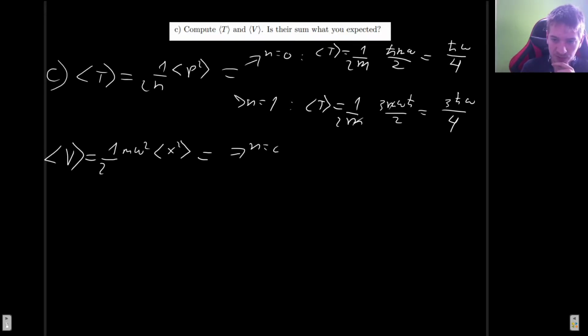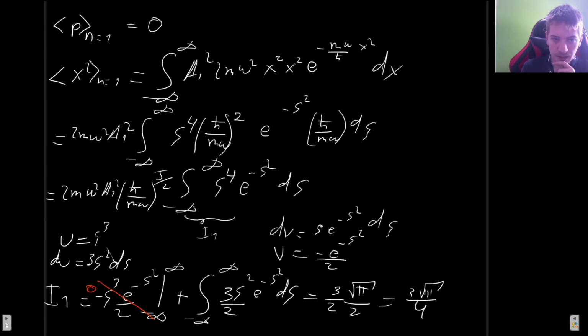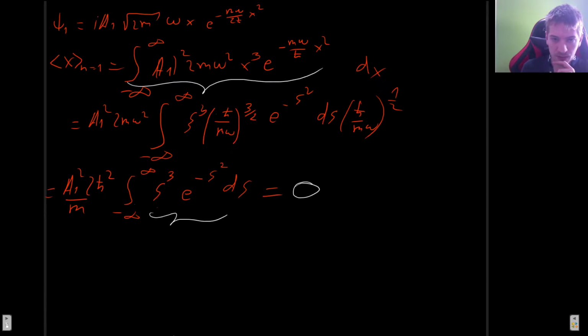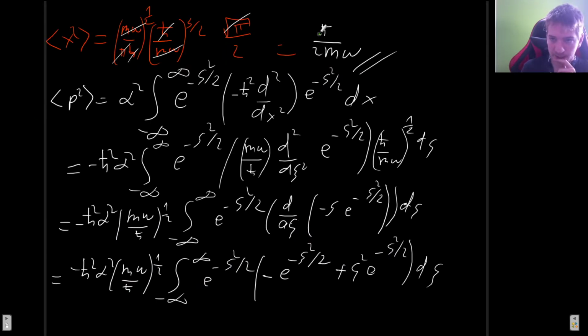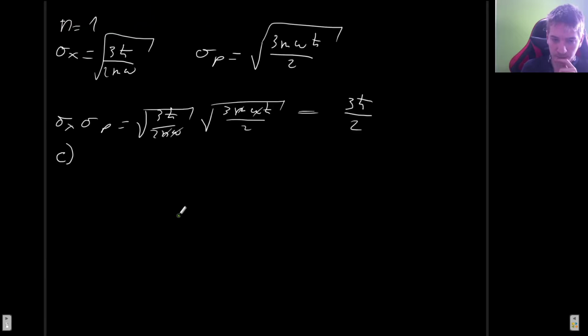For n equals 0, the expectation value of the potential is going to be 1 divided by 2 m omega squared times, so what was our result before? Let's take a look. The x squared was, where is it again? Here, h bar divided by 2m omega.